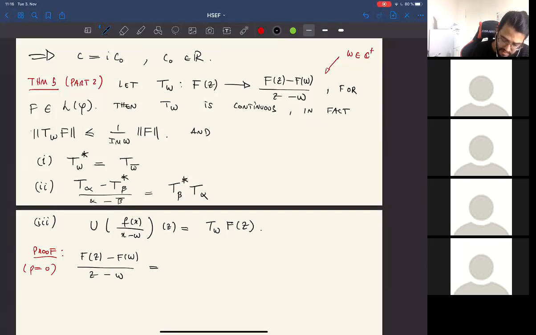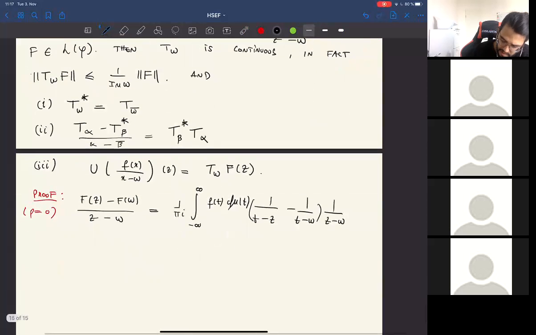But if I do this, then I know that this is just the integral of f of t d mu t, and then you have 1 over t minus z minus 1 over t minus w, and then everything divided by z minus w. Okay?